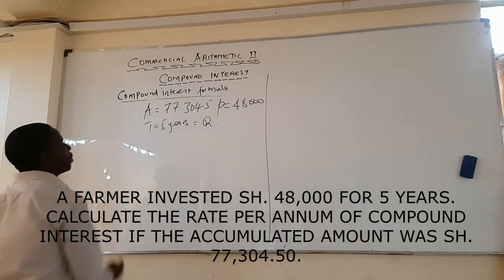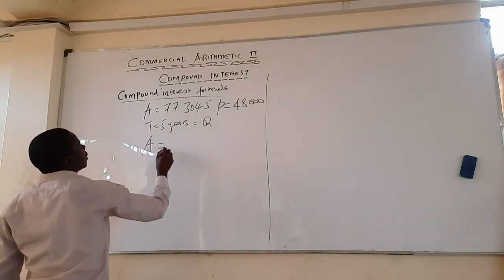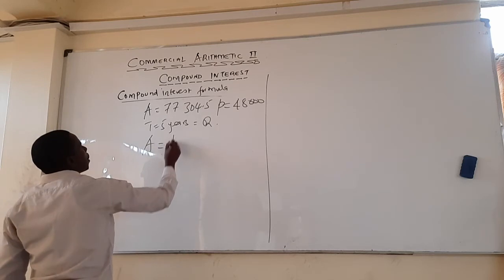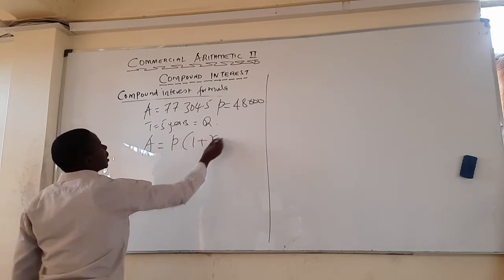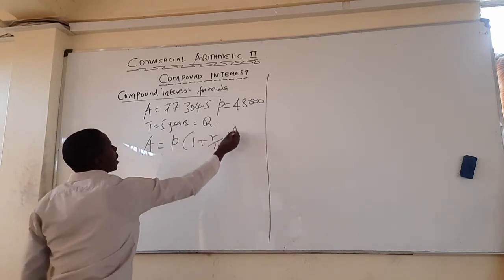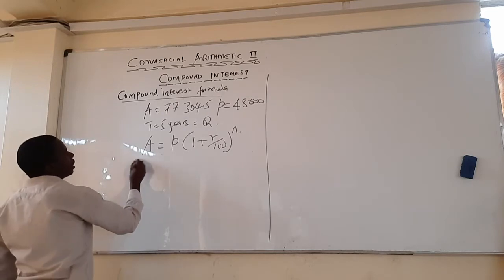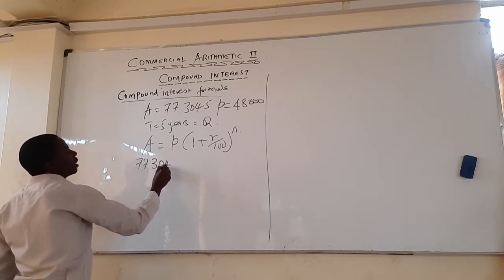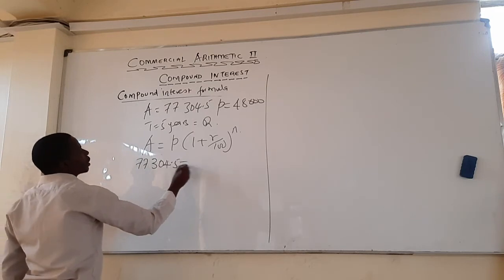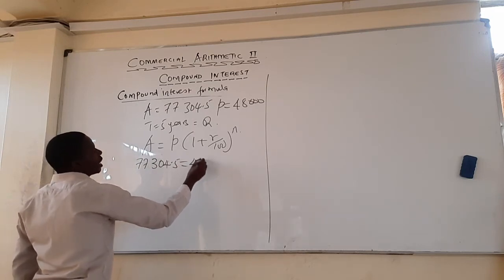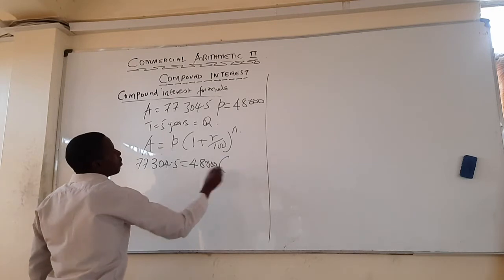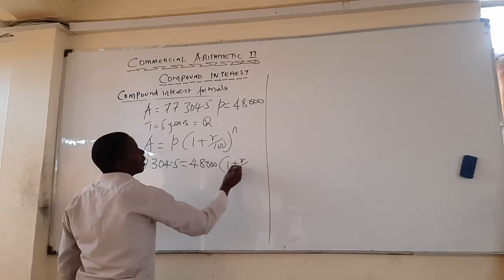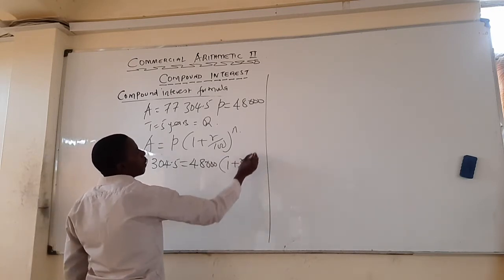So you just use the formula. Amount is given by P into bracket 1 plus R over 100 power n. So amount is 77,304.5 is equals to the principal, which is 48,000 into bracket 1 plus R over 100 power 5.